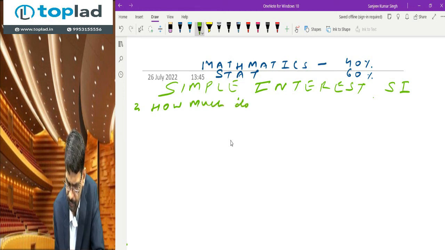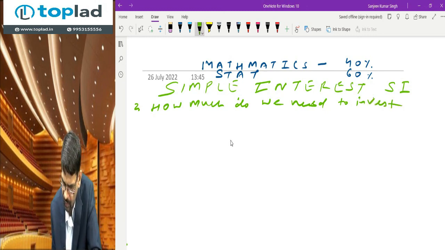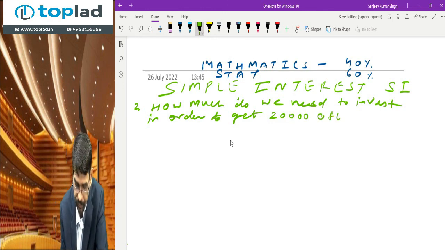How much do we need to invest in order to get 20,000 after 2 years at the rate of 6%. Be careful.